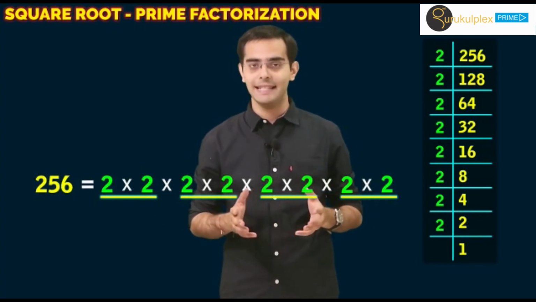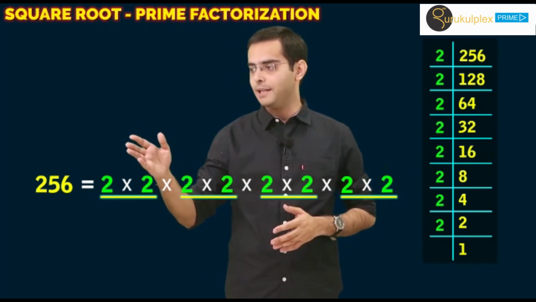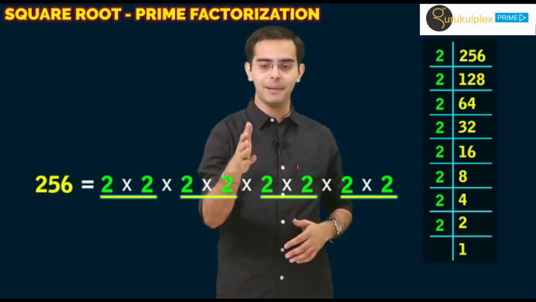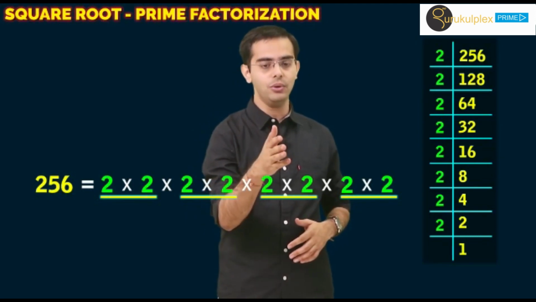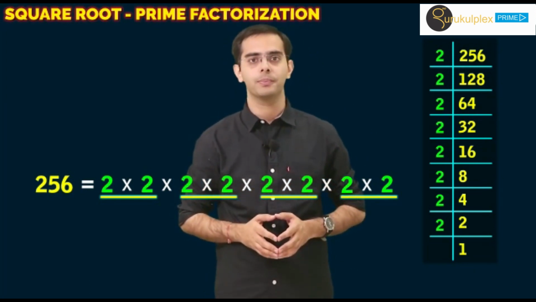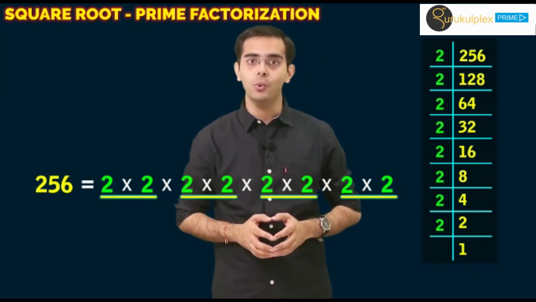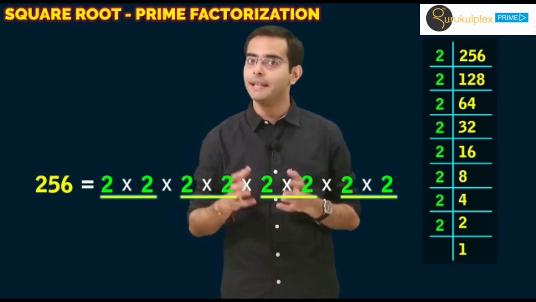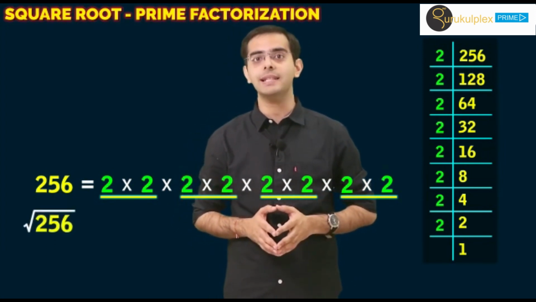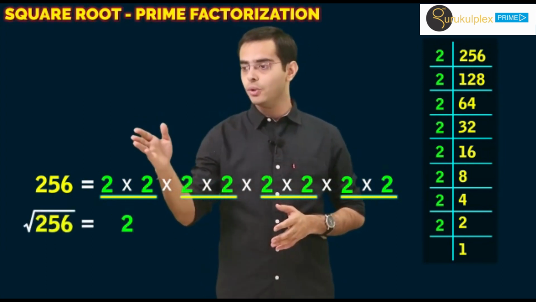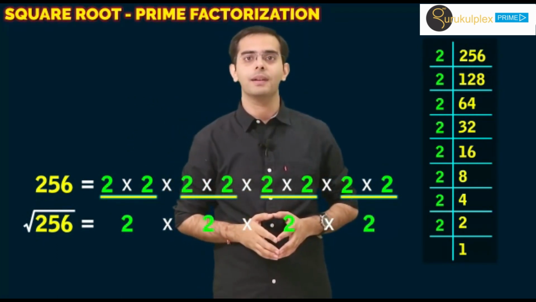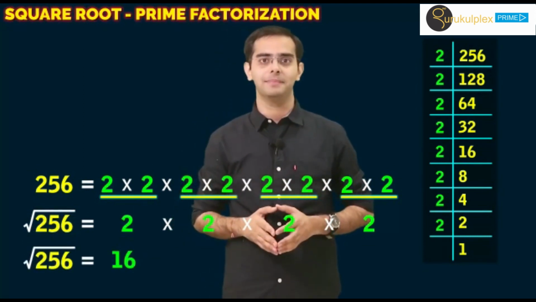So 256 is equal to 2 multiplied by 2, which is further multiplied by 2 multiplied by 2, which is then multiplied by 2 multiplied by 2, and finally it is again multiplied by 2 multiplied by 2. So for finding the square root, we'll take one factor from each of these pairs, which gives us the square root of 256 to be equal to 2 into 2 into 2 into 2, and therefore we get 16.